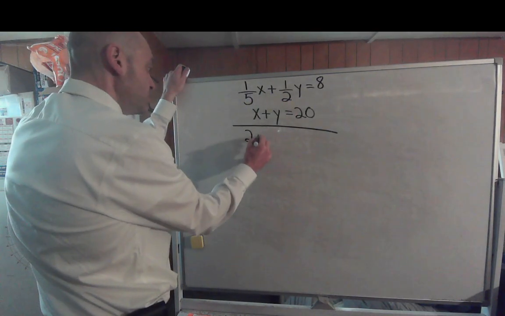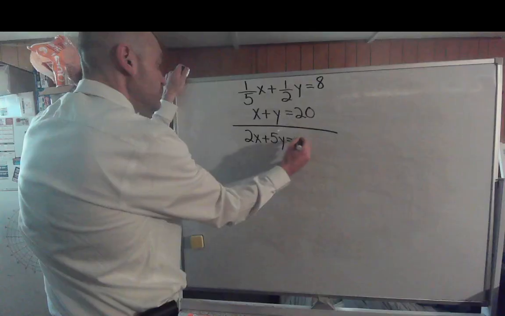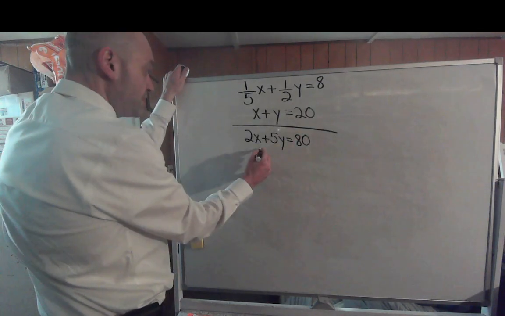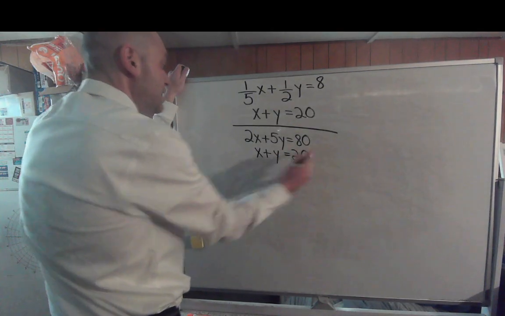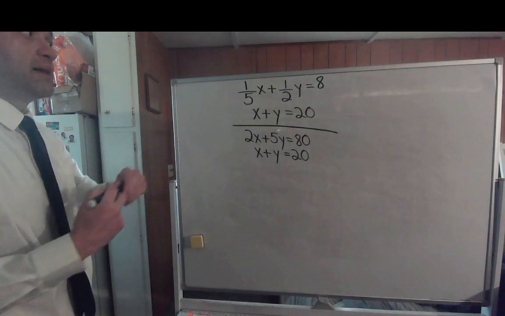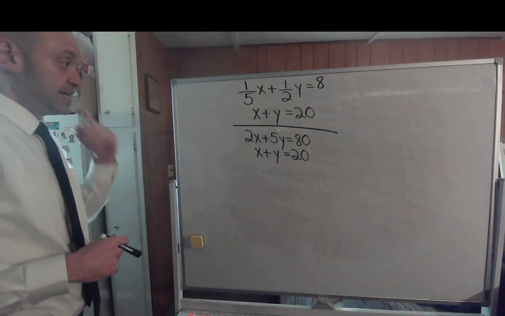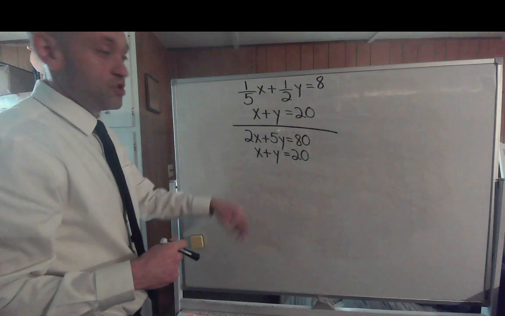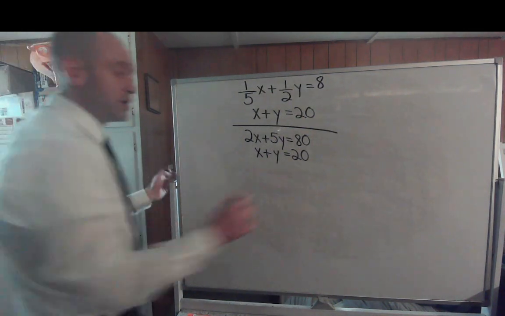You should get 2x plus 5y equals 80. And then you'll still have x plus y equals 20. Now we have a form we can work with a lot better. I think it's pretty easy to see what substitutions we could do. Pick x or y. I personally prefer to substitute for y whenever possible.